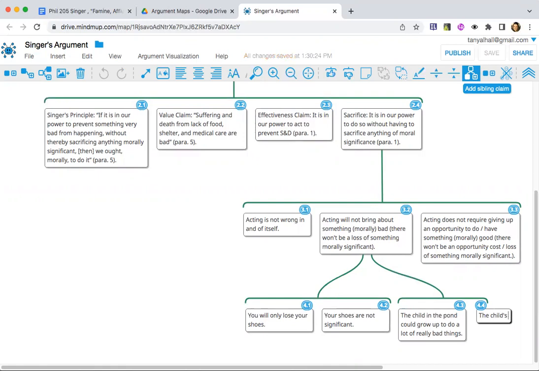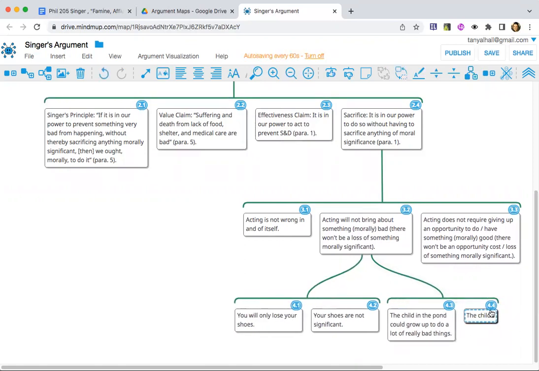And then we'd have to say something like all the bad things the child goes on to do are a really bad thing, or something like that. So we could also put that kind of thing as an objection.